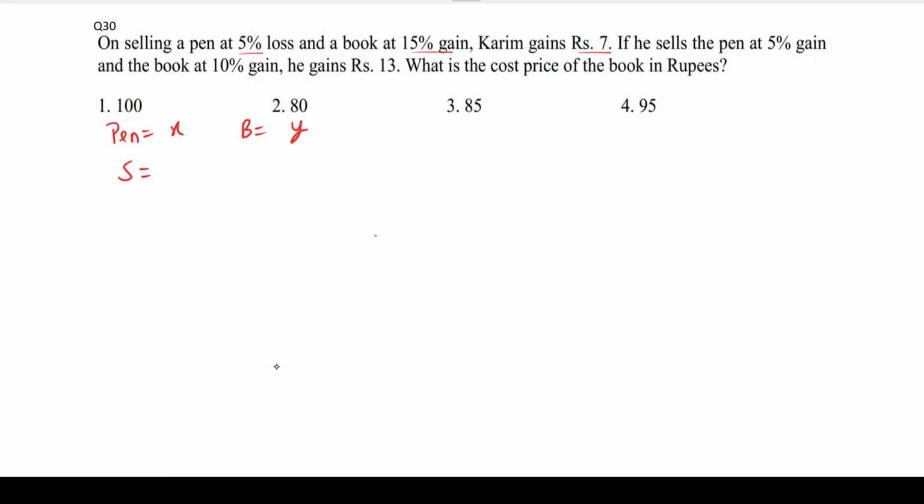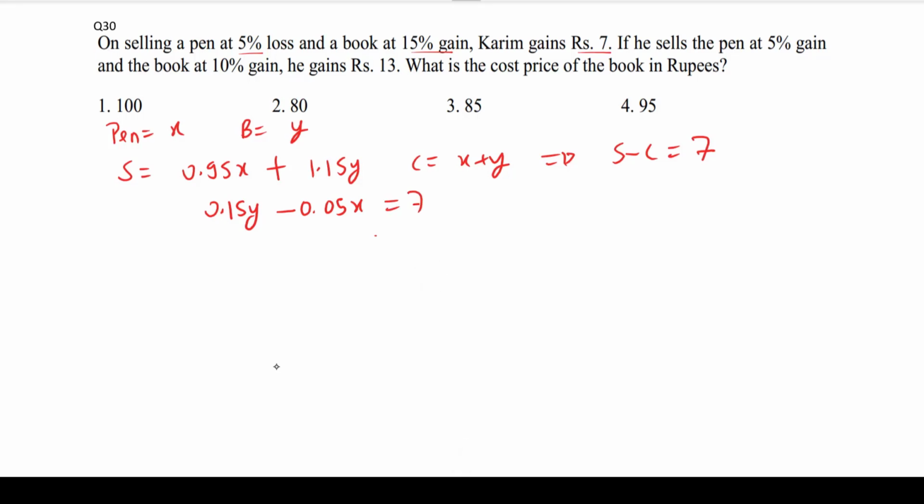So selling price will be 0.95x plus 1.15y, and total cost price, that is x plus y, and it is given that s minus c equals 7. So s minus c will be 0.15y minus 0.05x equals 7.